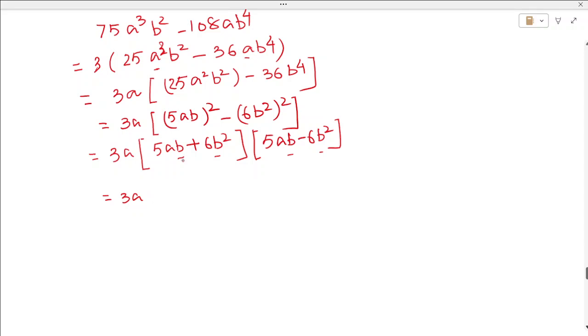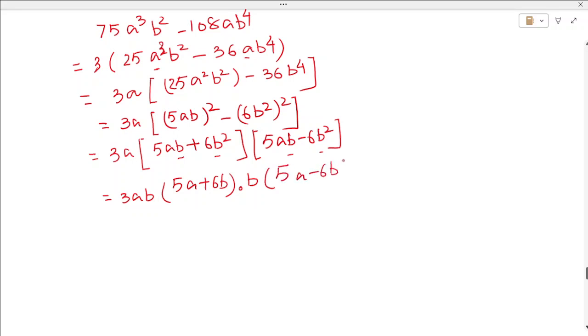So taking out b common from here, it will become b(5a plus 6b), correct, multiplied by, taking out common b also from the second bracket, b(5a minus 6b).